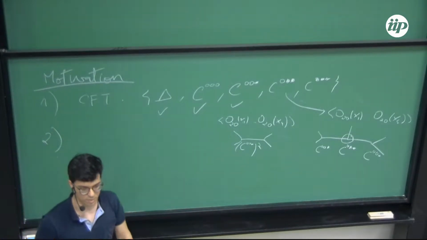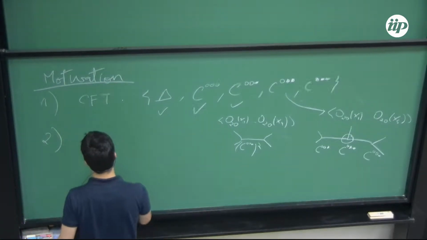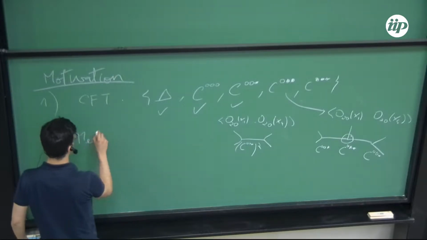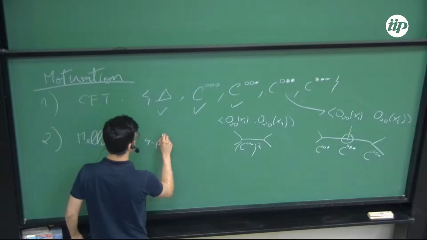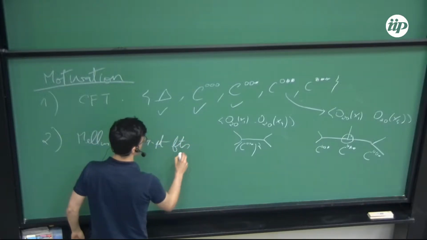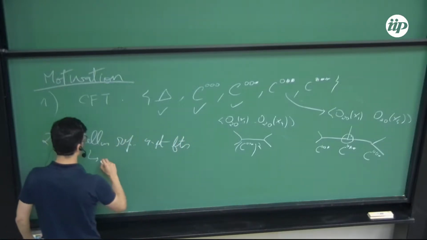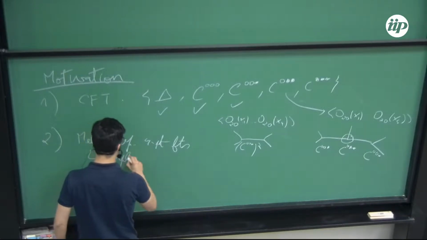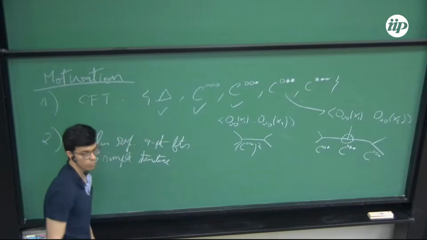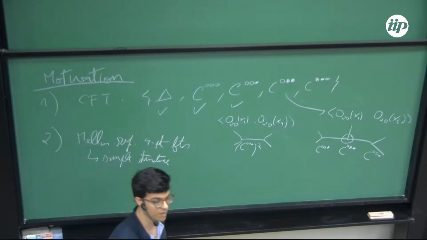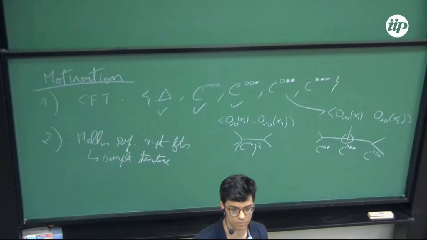there was the work of Shinan and Rastelli, where they found that the Mellin representation for 4-point functions had a simple structure. So one can wonder if 5-point functions also have some sort of structure.